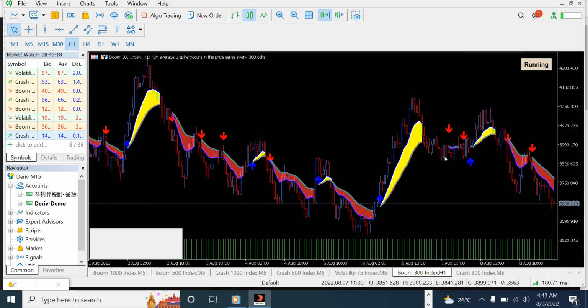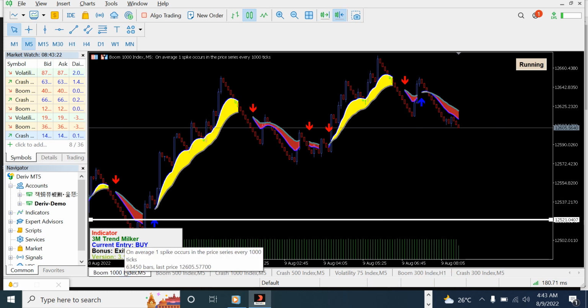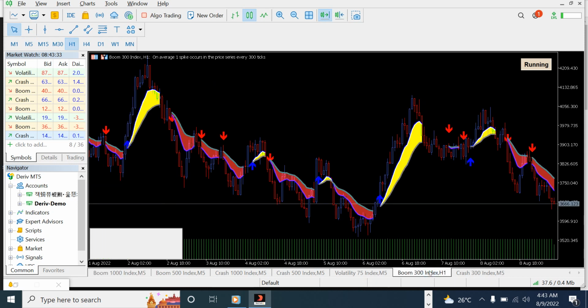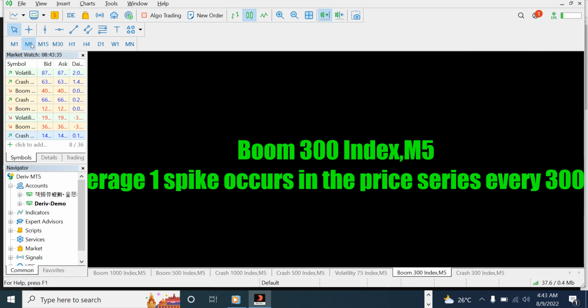I'm going to give a few explanations on this so that we get to see how it works. Right now on my chart, I have Boom and Crash 1000, Boom and Crash 500, and Boom and Crash 300. These are the assets I have on my chart right now.